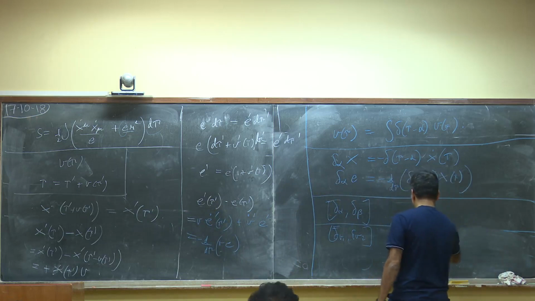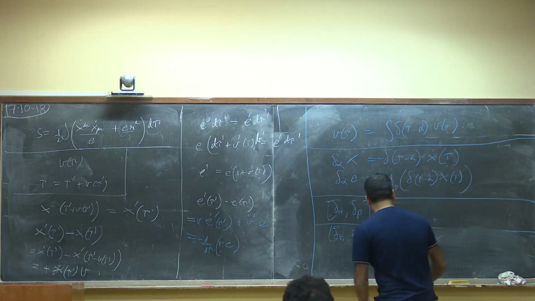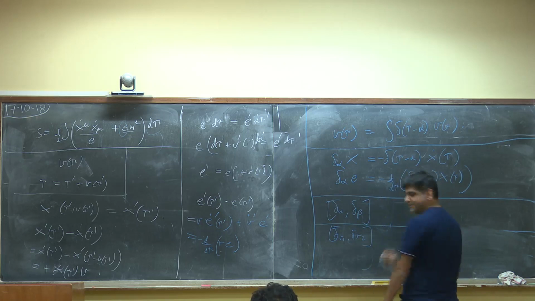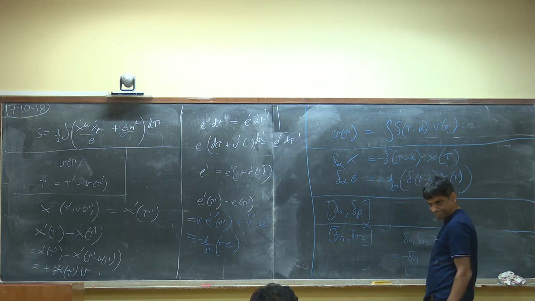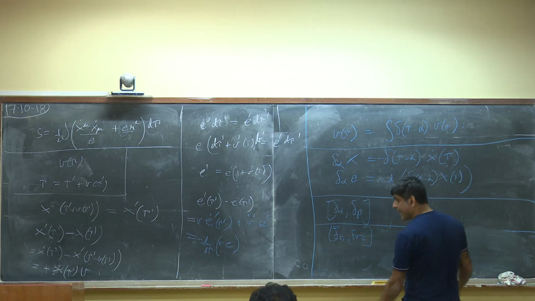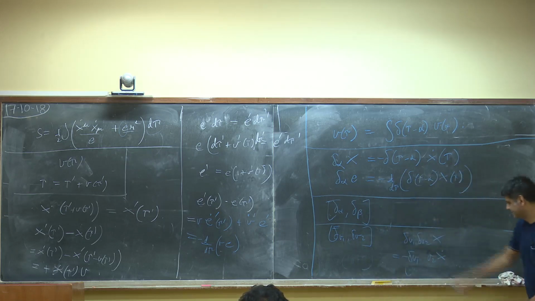Delta V1 delta V2 on X is equal to, according to Polchinski, minus delta V1 of V2 acting on X, which was, of course, we've got the minus sign, so V2 X dot, that's our minus sign here.